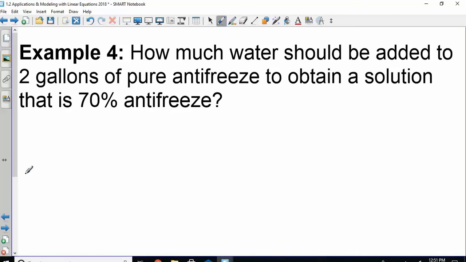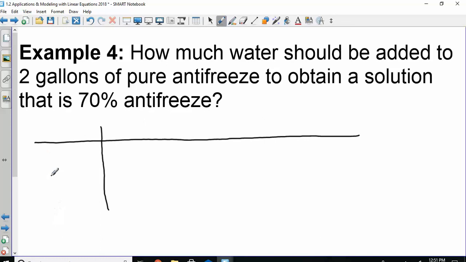In this, we have water. We're mixing it with antifreeze and we're getting a final solution. So there's a lot of different stuff going on. My strategy with these mixture problems is to organize everything in a table. Anytime we have a lot of information, we need some way to organize it, and the table is an excellent option.